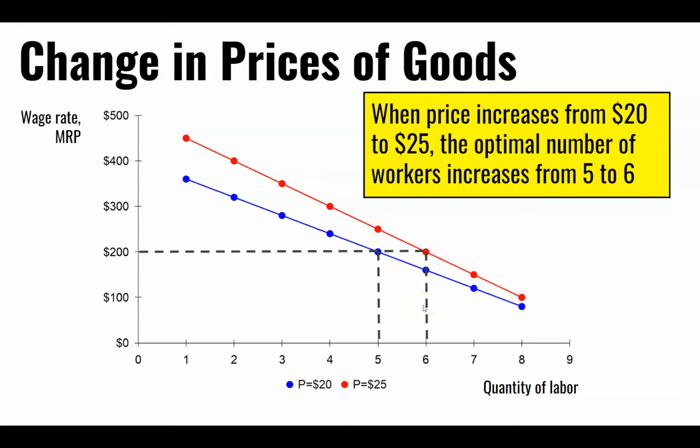That sixth worker was producing value, but less than $200 in revenue for the company. But now that the price of the good has come up, that sixth worker's work is now valued at $200. So if the wage is still $200 per worker, now we've seen an increase in the quantity of labor because there is an increase or a shift in demand. As the wage stayed the same and now I want more workers, that's an indication of a shift.